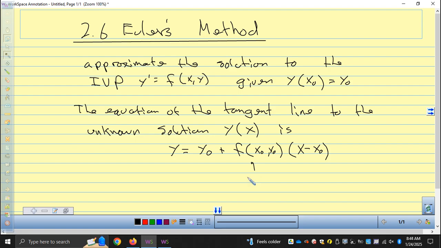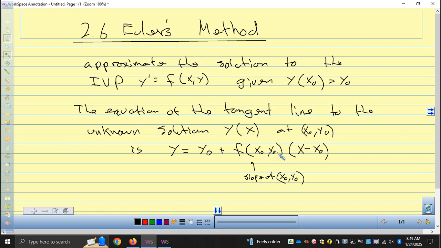So this is the slope at the point x0, y0. That f of x0, y0 gives us the slope at that point. And this is our lovely point slope form of our equation of a line.